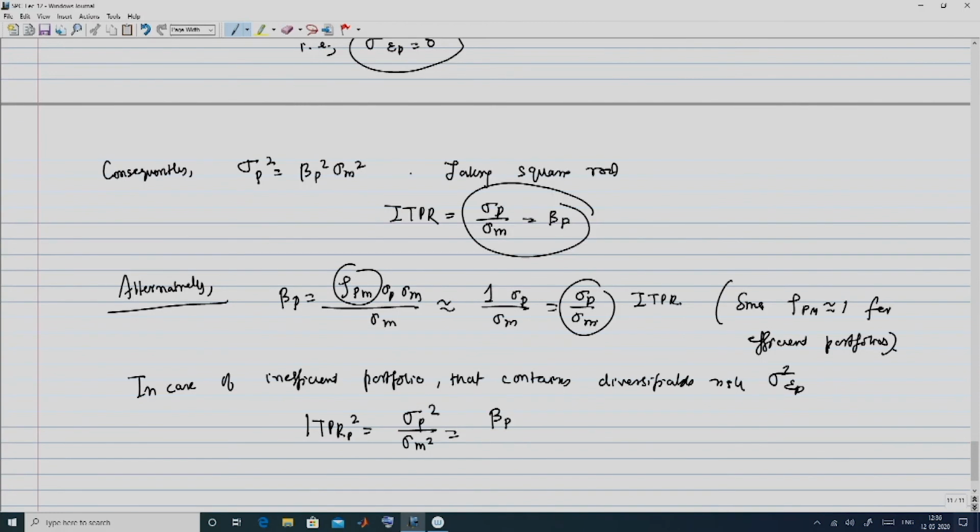Now, sigma p square is beta p square sigma m square from the decomposition resulting from the single index model, plus sigma square epsilon p, divided by sigma m square, and this obviously is going to be greater than beta p square. So, taking square root, we get ITPR to be greater than beta p.